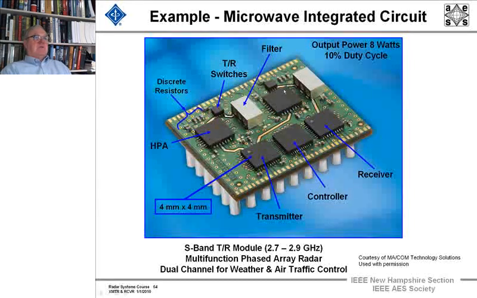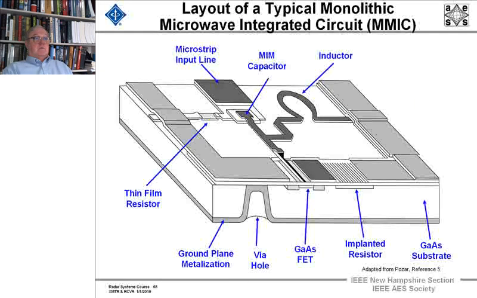There are transmit receive switches here and here. Here are some discrete resistors on the system. And it's an S-band TR module that will operate in a multifunction phased array radar. It's got a dual channel for weather and air traffic control.